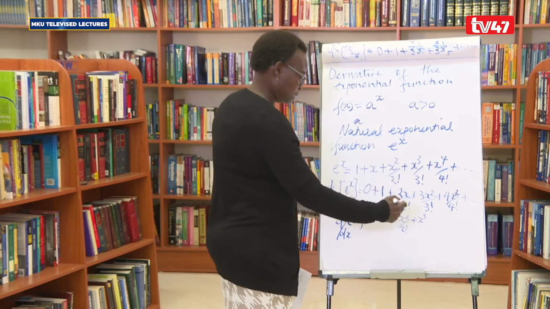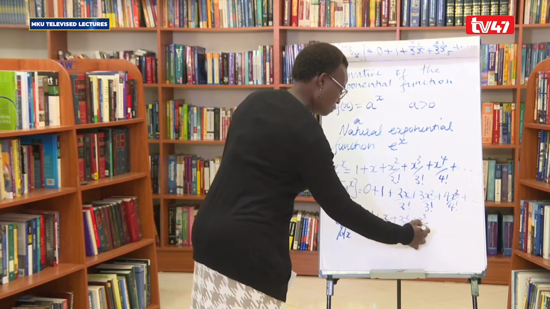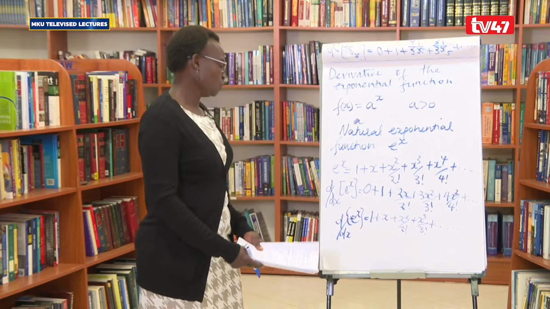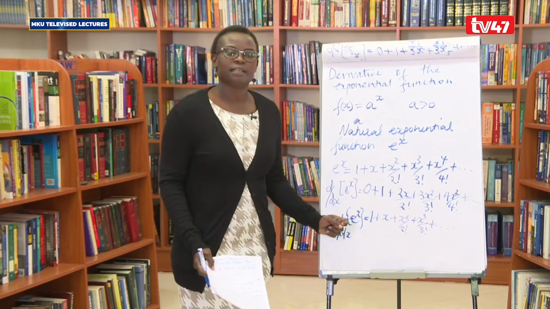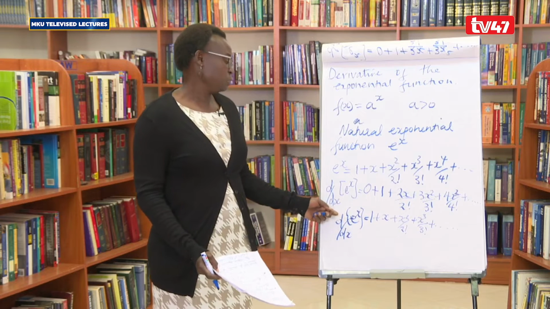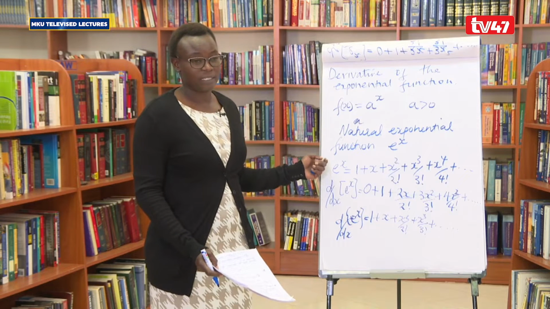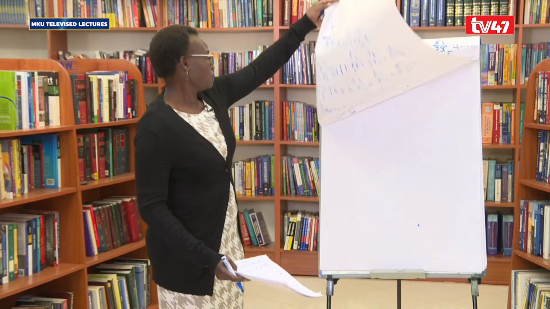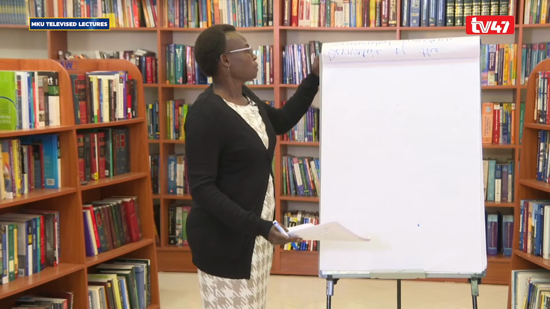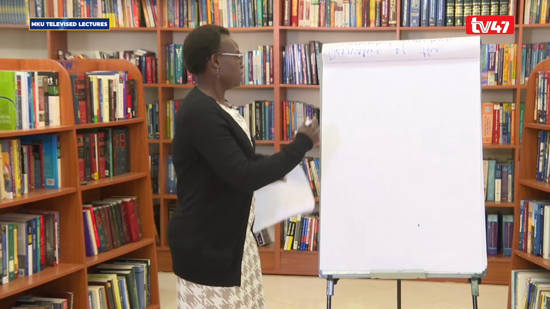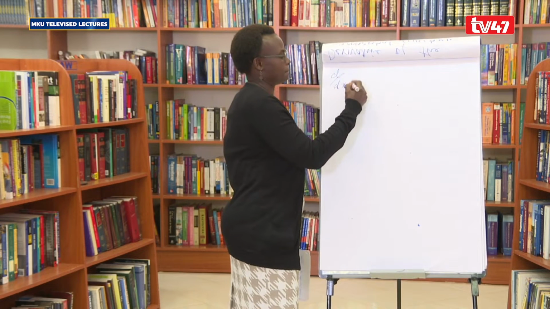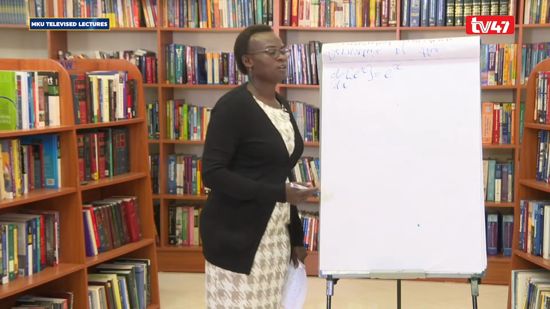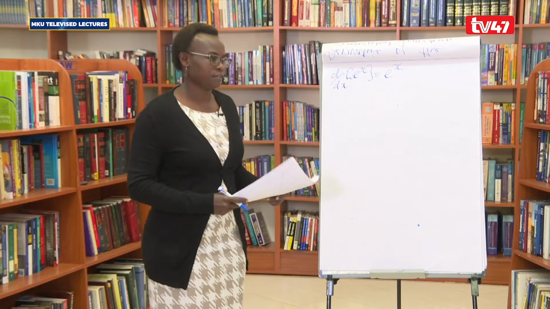So that is plus x cubed over 3 factorial, and that is continuous. So what you realize is that the derivative of the exponential function is exactly the same as the exponential function. So the derivative of the exponential function is just the exponential function itself.